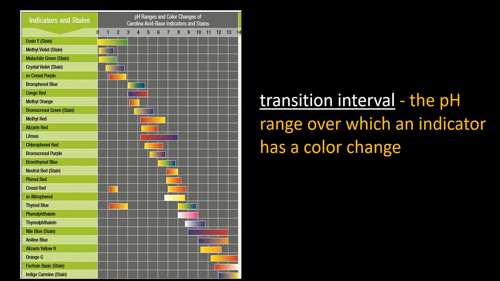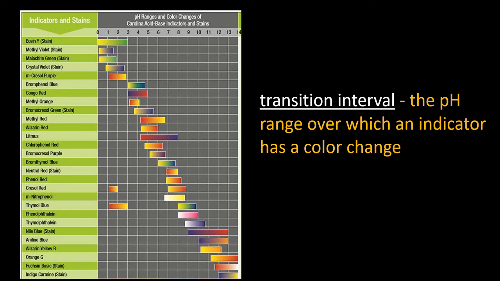Okay, this right here is a chart that shows, on your left side, a list of all these different types of indicators for the most part. There's a few that are not indicators, they're specifically stains.